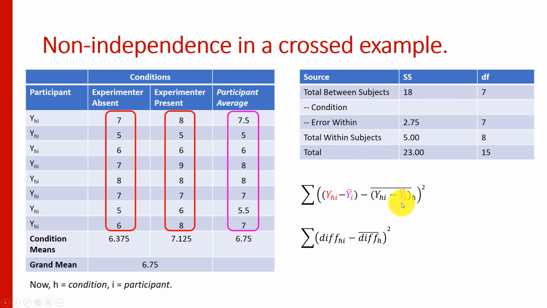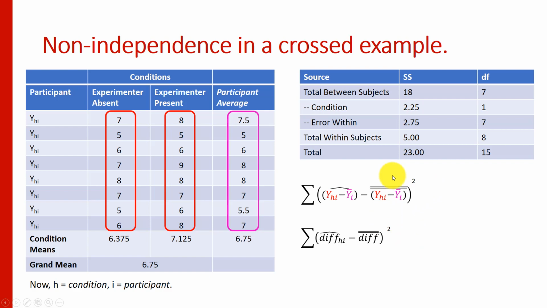The more straightforward way to write this would be to say that we take the difference between the score and the mean for each person minus the average difference in that condition. That tells us, was this person different from the average difference in that condition? So this would be this score minus this score minus the average of all the differences between our participants. And again, that's going to give us a residual, because that tells us how far away that person is from the average difference in that condition.